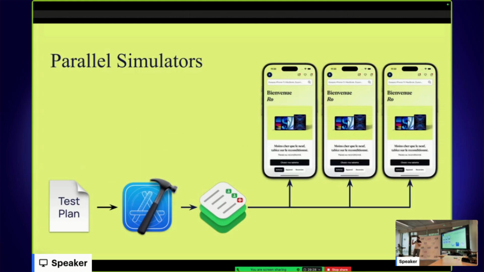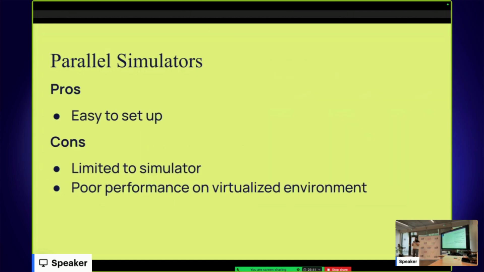You generate your testing builds, and after that Xcode handles it automatically, spinning tests in different devices at the same time. Pretty nice, pretty easy, but limited to simulators. So it's okay if you run it only locally, but when you run it on CI, it's a disaster. Pretty slow, a lot of issues. Test flakiness is more and more a big problem.